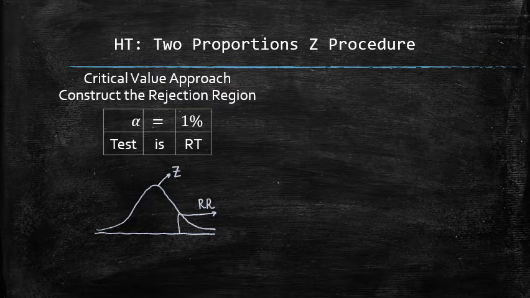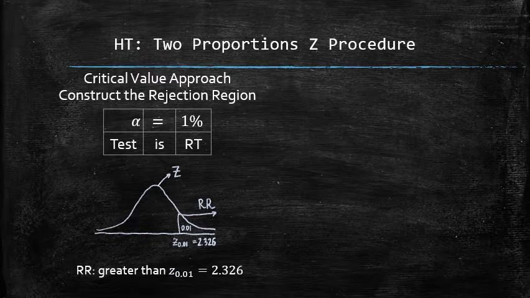The region must have the area equal to the significance level 1%. The left boundary of the region is the critical value Z 0.01, which is equal to 2.326. So the entire region can be described as all the values to the right of 2.326.